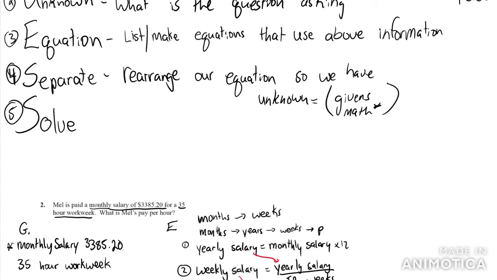We want our unknown on one side of our equal sign, and we want our givens with a bunch of math on the other side. The reason being, I don't want to try and solve for an unknown when it's buried into an equation. I want to make sure it's what I'm looking for equals a bunch of other stuff. Because a bunch of other stuff, if it's just numbers, I can solve that without an issue.